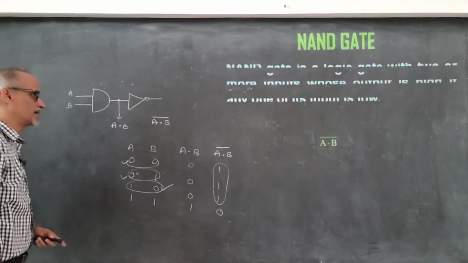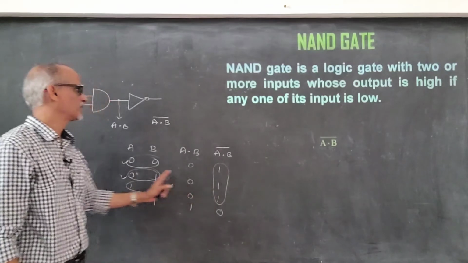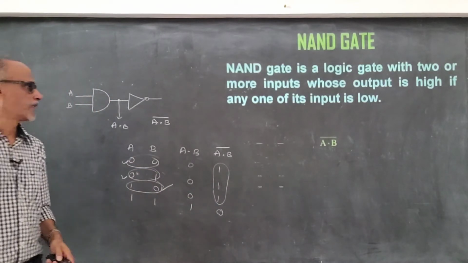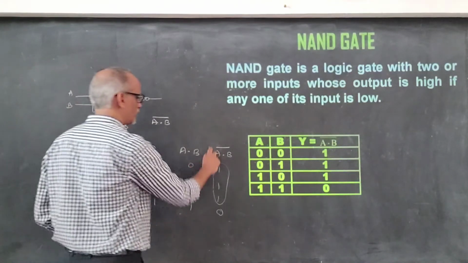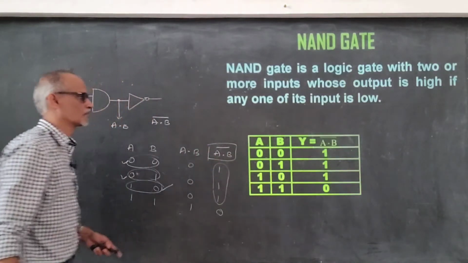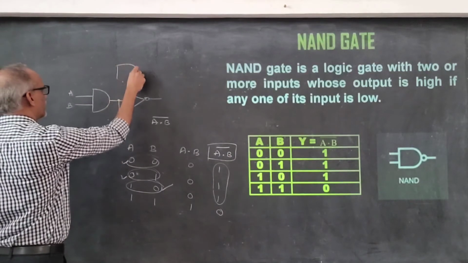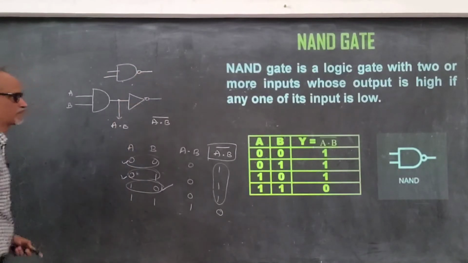So a NAND gate is a two or more input logic gate whose output is high if any one of its inputs is low. And this is the truth table, and this is the Boolean equation, and the notation is similar to that of the AND gate, but with the inversion symbol.